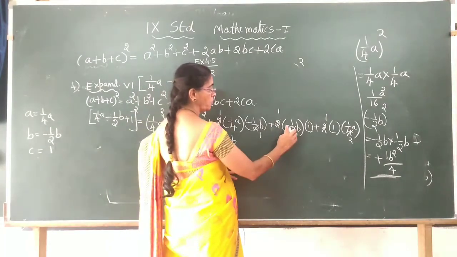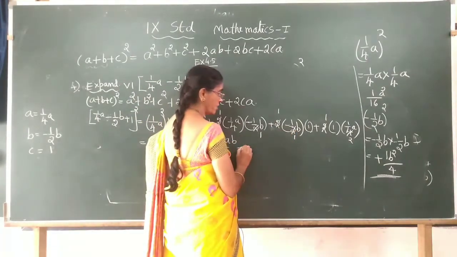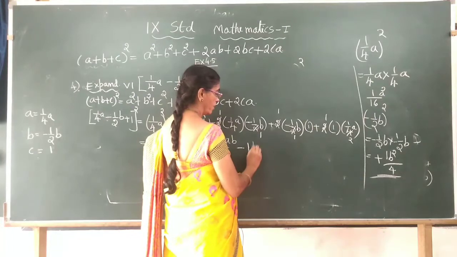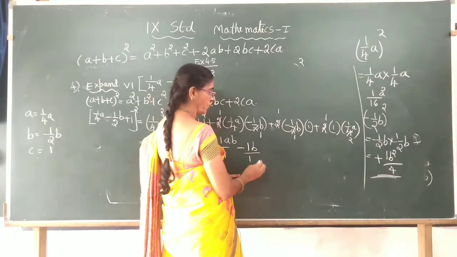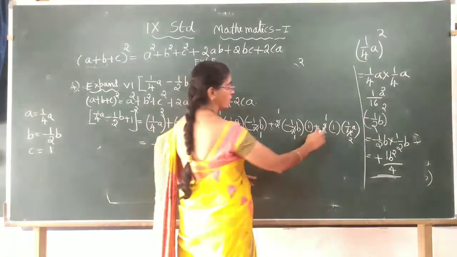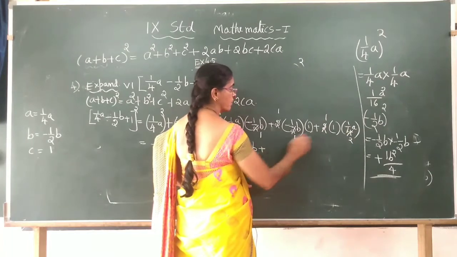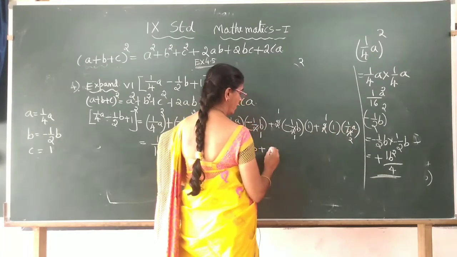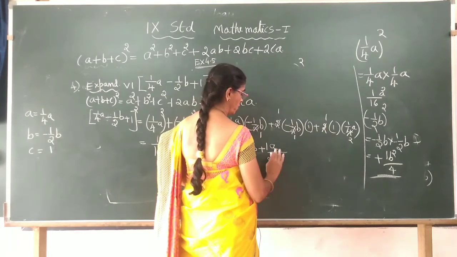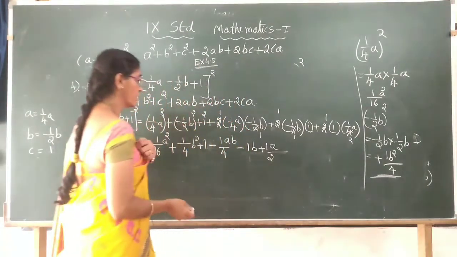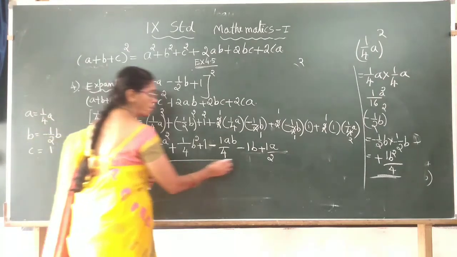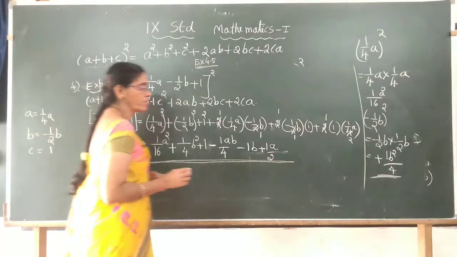Again plus into minus is minus: 1 into 1, 1, and B, so just 1B. Then plus 1 into A, 1A, and the denominator is only 2. So this is the answer you will get.